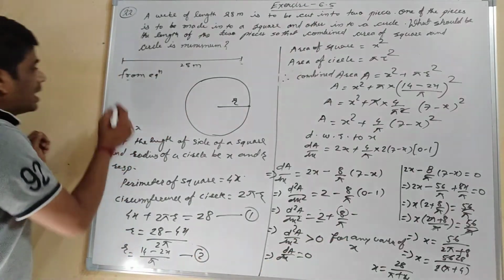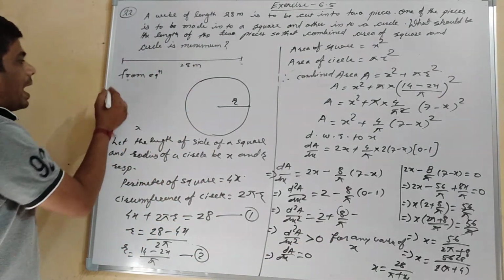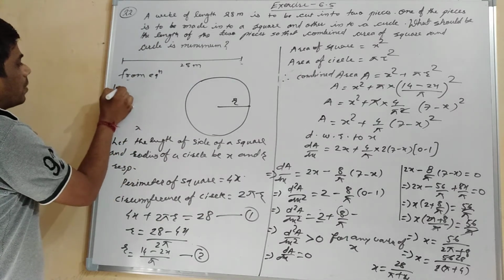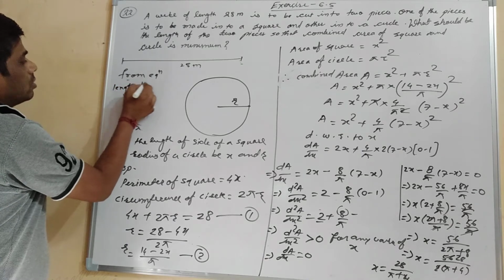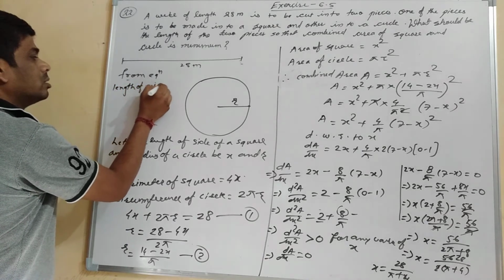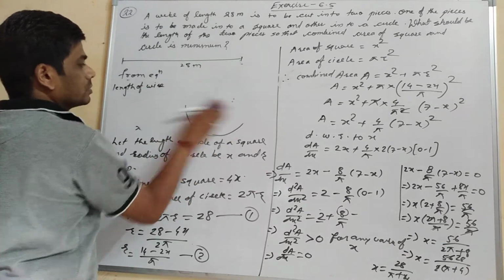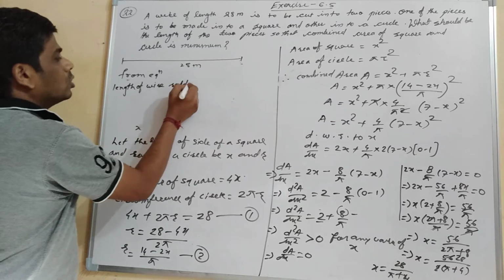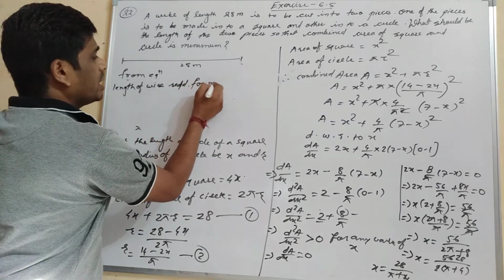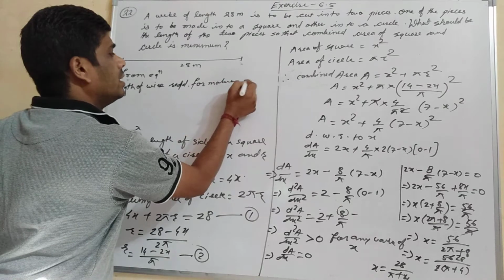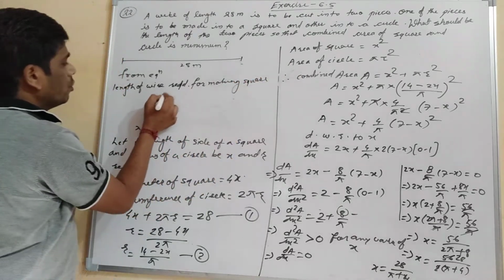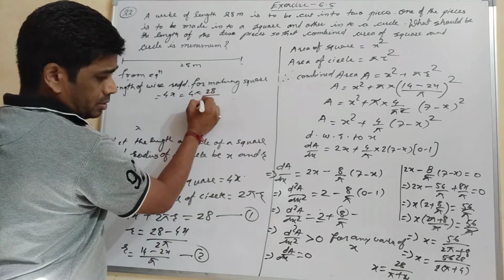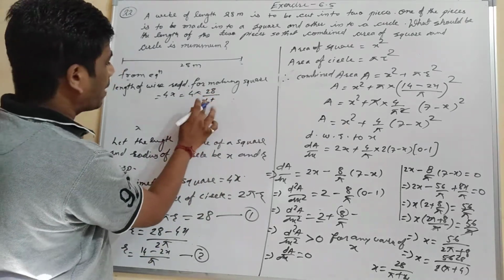So the length of wire required for making the square will be 4x, which means 4 into 28 upon (pi plus 4).